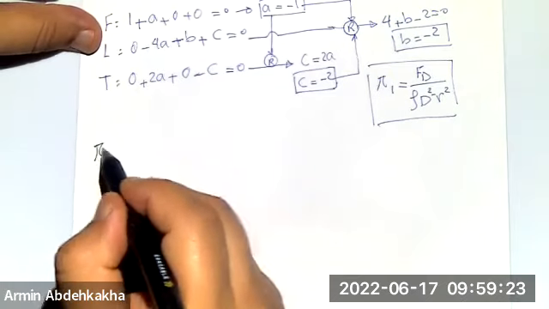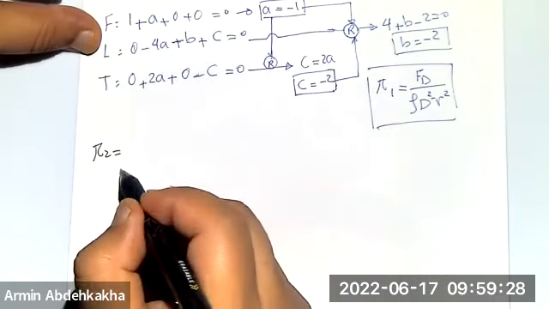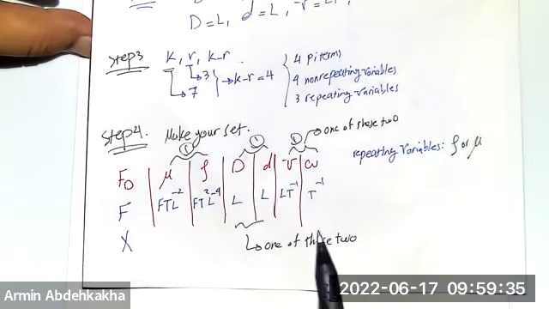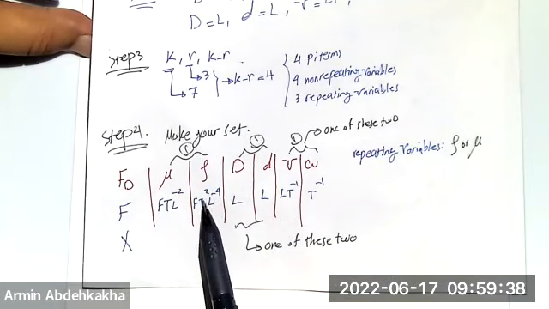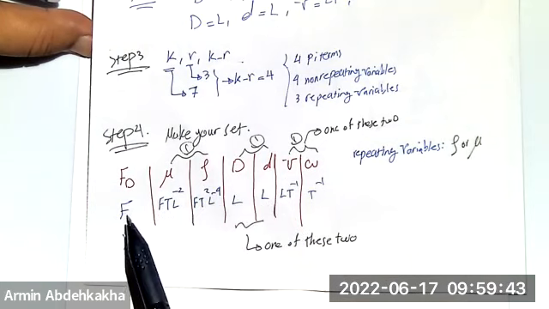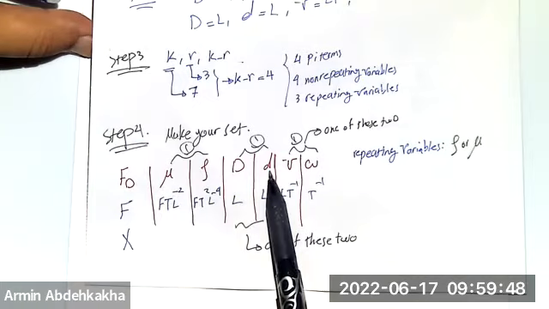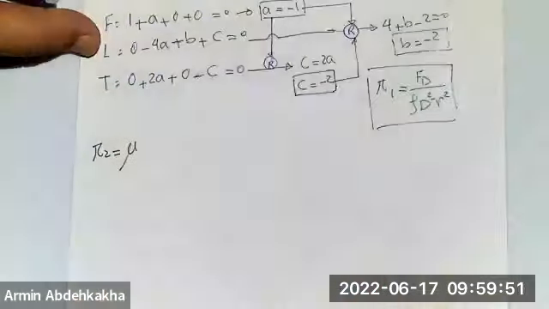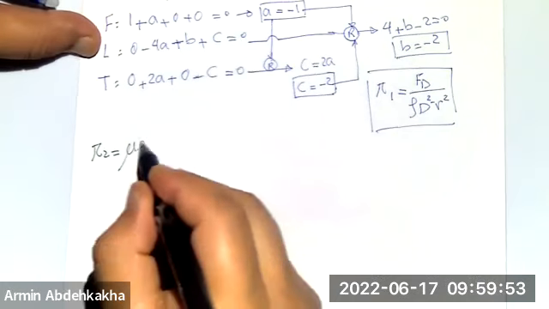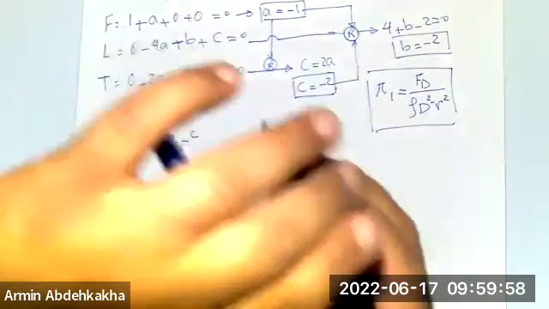Pi 2 is the second variable, which is mu. We had F, D, mu, rho, d, V, L, omega. So we choose rho, d and V as the repeating variables. The non-repeating variables, F, T, we found the pi term for that. Now mu, then d, and finally omega. Mu, rho to the power of a, d to the power of b, and V to the power of c.